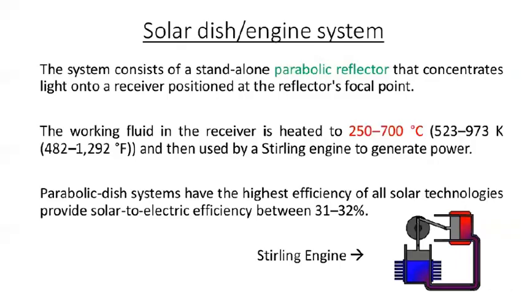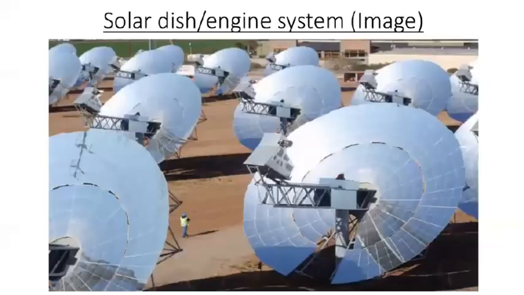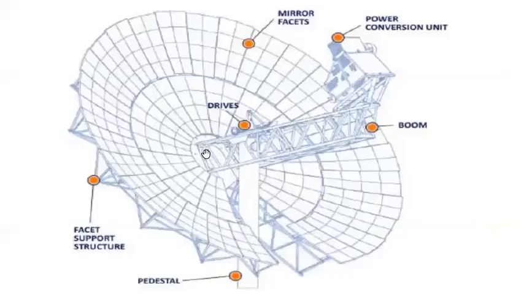So coming to the solar dish or engine systems, the systems consist of a standalone parabolic reflector that concentrates light onto a receiver positioned at the reflector focal point, like this. These can also be called dish Stirling systems, which can be used to generate electricity in the kilowatt range.